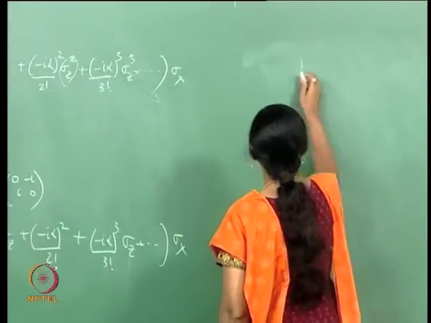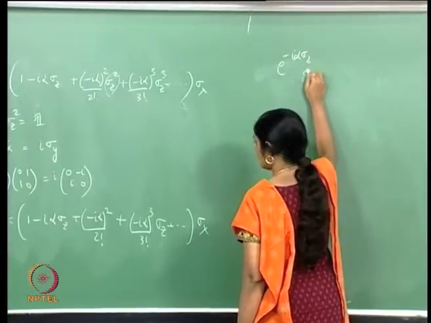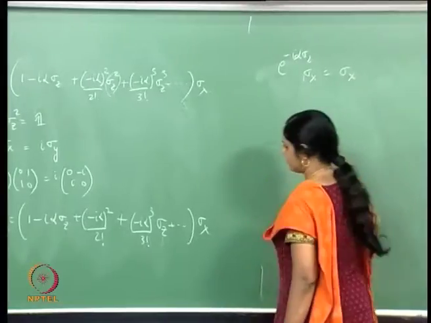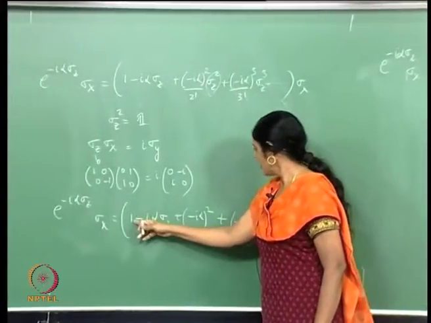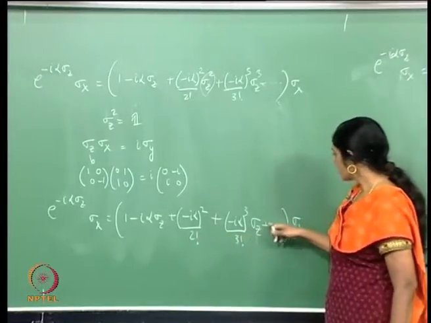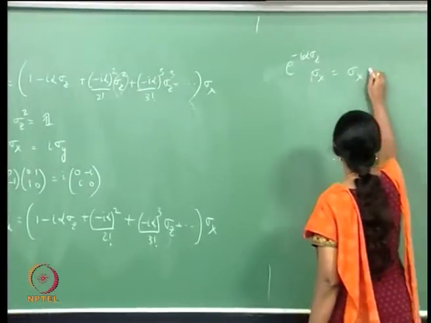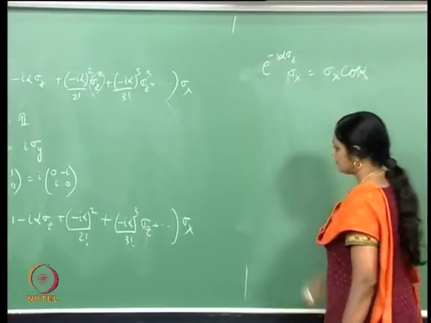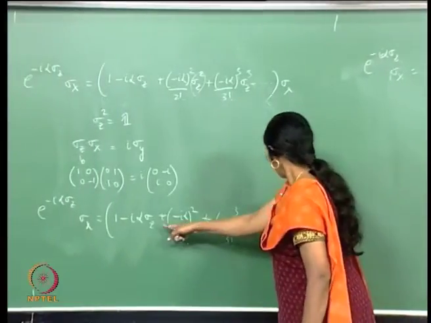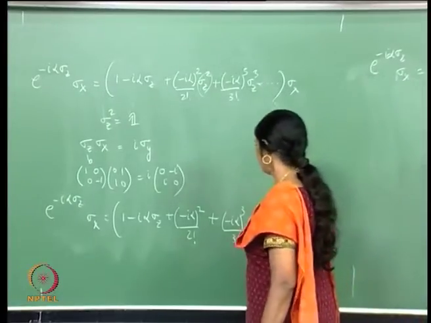So, this is equal to sigma x times 1 minus I alpha the whole squared by 2 factorial plus minus I alpha to the power of 4 by 4 factorial and so on, which is just cos alpha. And then I have sigma z sigma x, which is I sigma y.